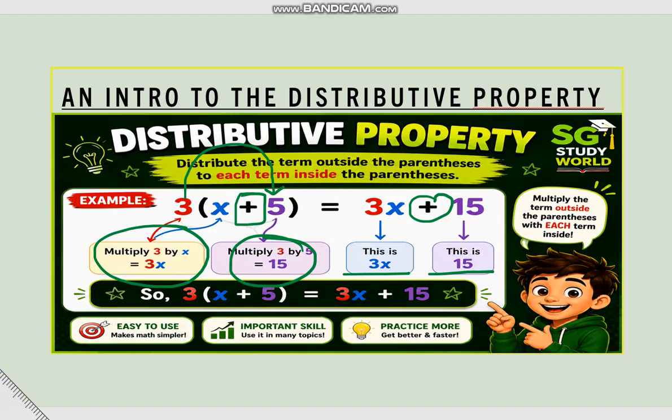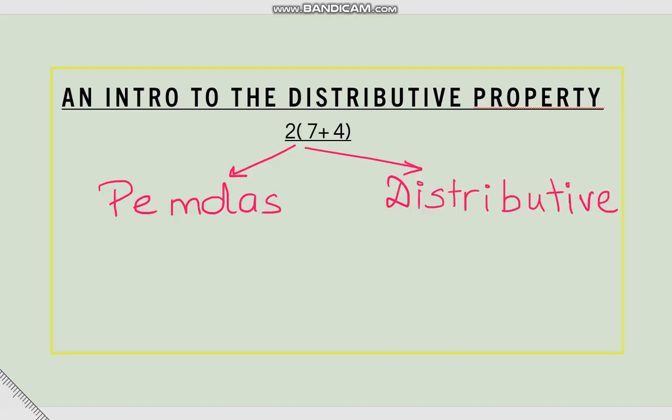Let's take a closer look at this concept and see how we can handle it. Here in this question, if you see, inside the parenthesis, we have numbers, constants, 7 plus 4. So can we solve this question using distributive property? Absolutely yes. If we use PEMDAS here, PEMDAS states that parentheses should be solved first, right?